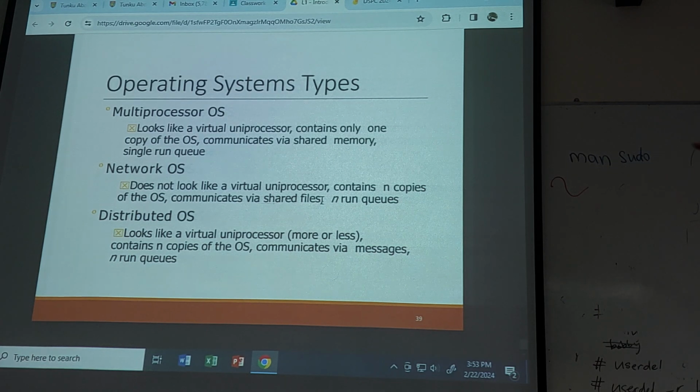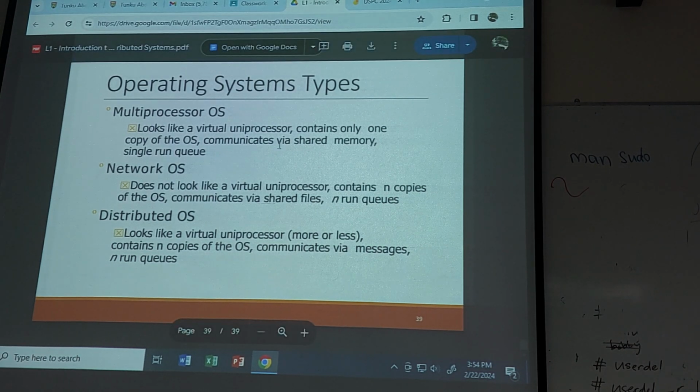So the difference between the first and the last is that it looks like one OS, but actually it runs on multiple OSes. It's just transparent, you don't feel it. The first one looks like a uniprocessor because it actually has only one copy, and the rest operate according to what the operating system commands.